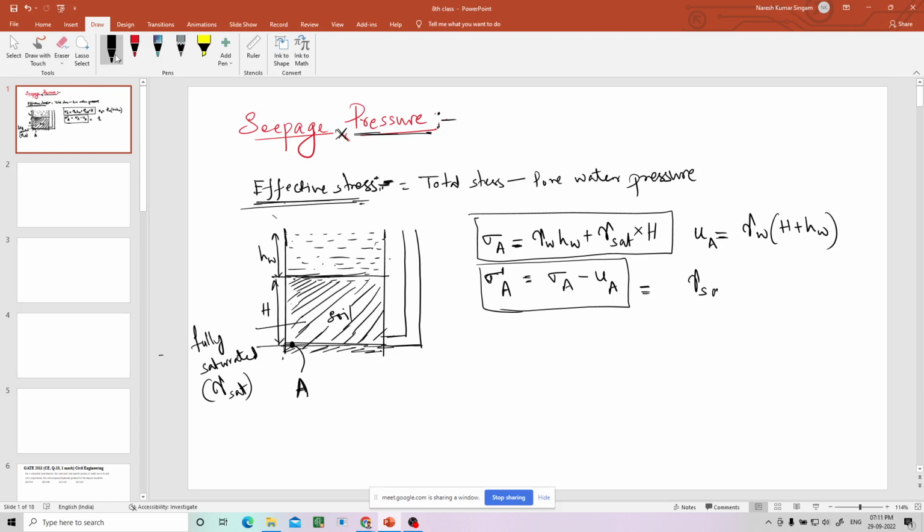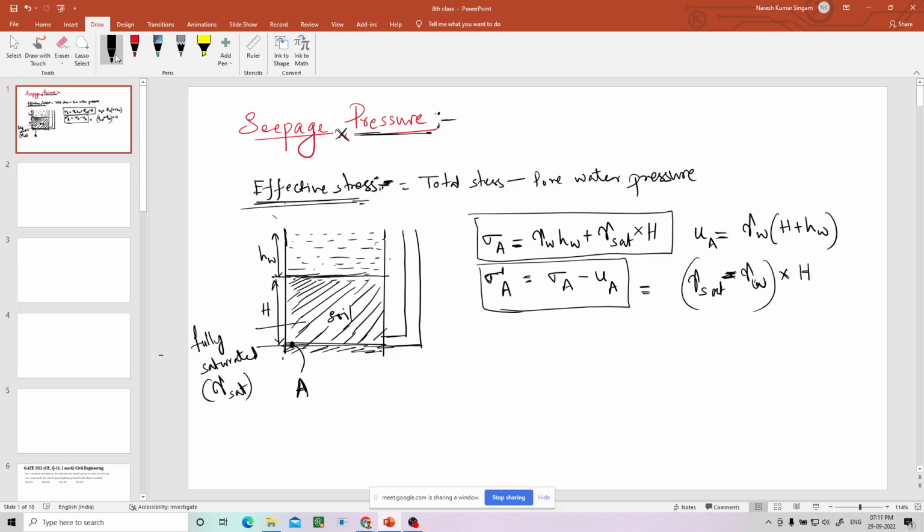Gamma sat into, what should I write, capital H or small h? Capital H, right? I hope you understood the concept of effective stress.